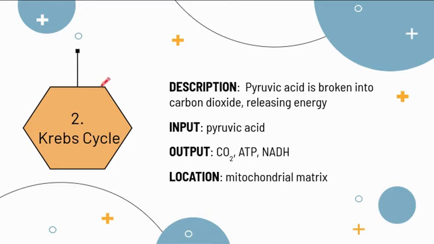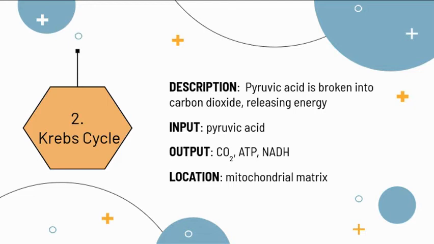During the Krebs cycle, pyruvic acid is broken down into carbon dioxide in a series of energy-extracting reactions. So our input is going to be our pyruvic acid, our output is going to be our carbon dioxide, ATP, and NADH. And the Krebs cycle occurs in the mitochondrial matrix, which is the innermost compartment of the mitochondrion.